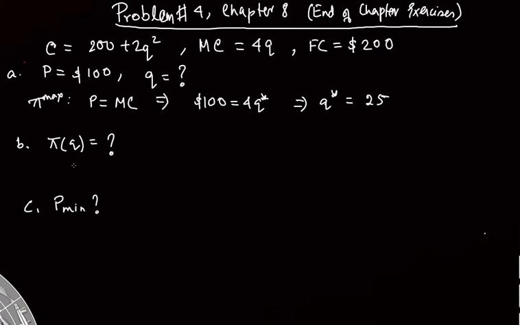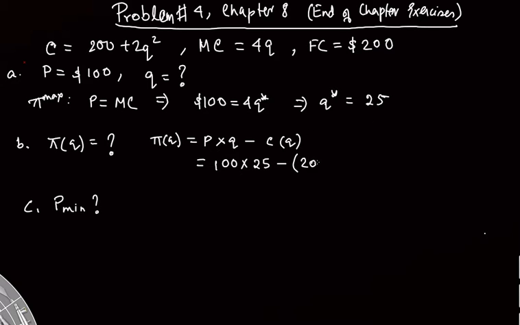Part B, how much profit is the firm making? Now we know the firm is maximizing profit, but how much profit is the firm making? So profit by definition is revenue minus cost. That means P times Q minus total cost, C(Q), which is given to us. So P times Q, P is 100, and we found Q star to be 25, minus, we plug the value of Q, which is equal to 25, in the cost function.